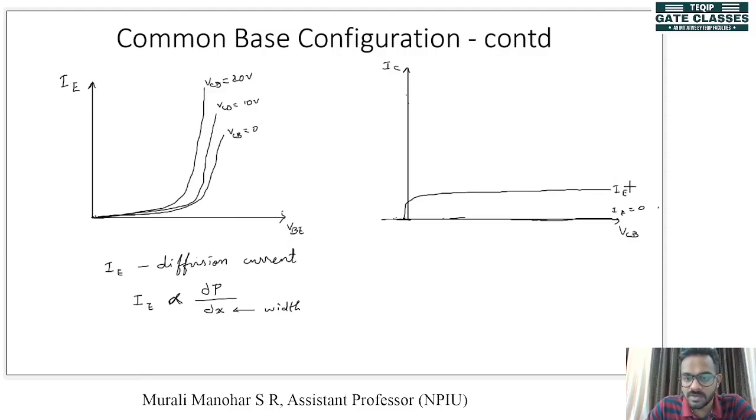So this is for IE equal to a higher level. Let's call it IE1. So IE1 is greater than 0. Again, if we increase IE, we will get another characteristics like this. And for different IEs, we will get different characteristics.